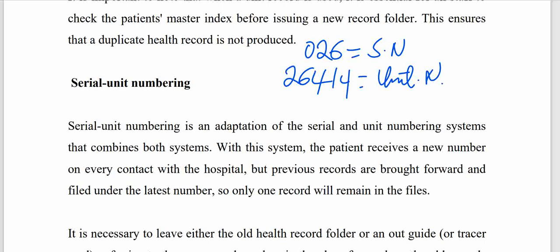So if we are issuing a serial unit numbering system, we combine these two numbers together, because the point is serial unit numbering system. So we combine these two systems together.